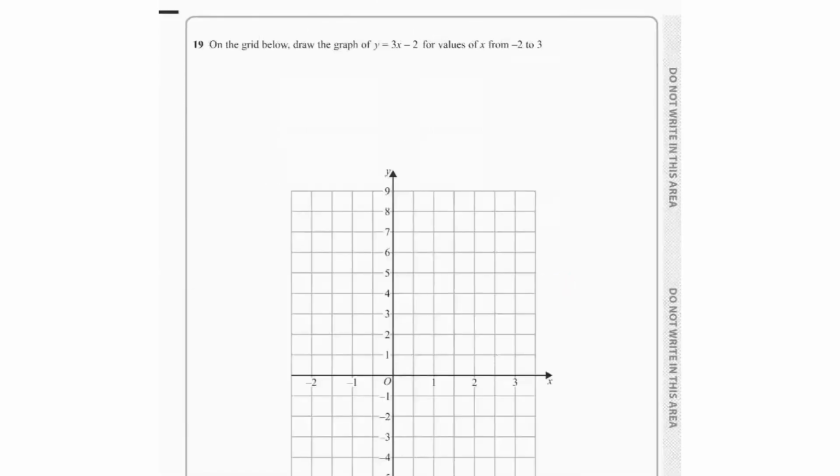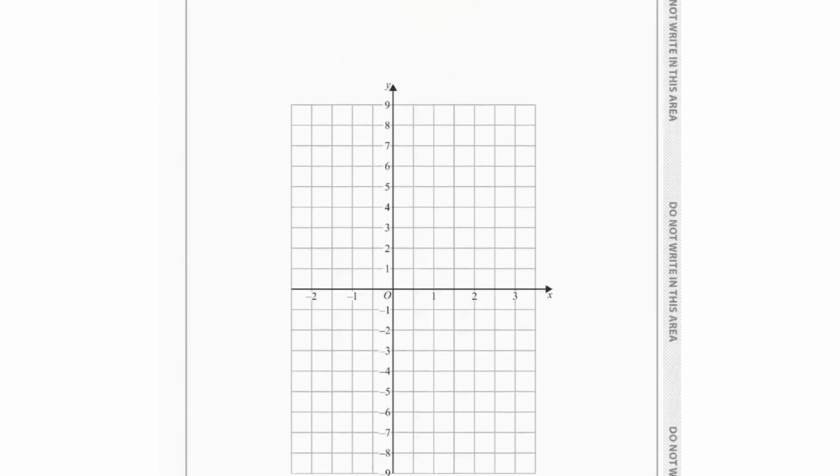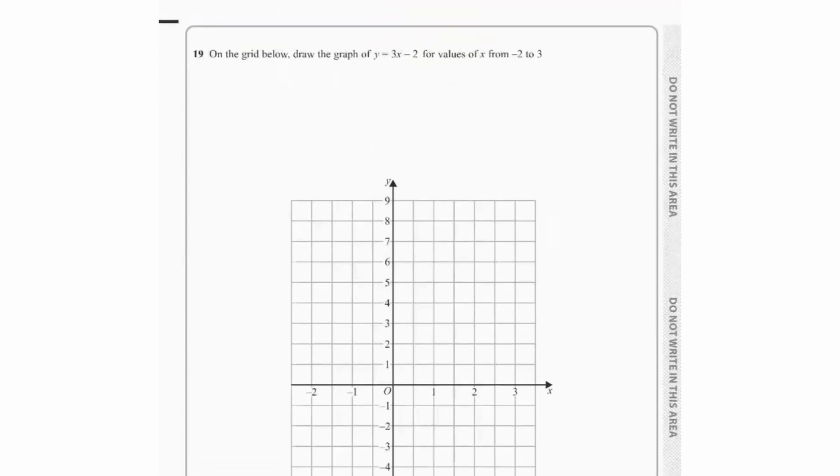Question 19 says, on the grid, draw the graph of y equals 3x minus 2 for values of x from -2 to +3. So for -2 to +3, what we can do is that we can either create a table of values, or we can just find the x-intercept, y-intercept, and then the endpoints. So when you put x equals -2 in this equation, what we get is 3 times -2 minus 2, which is basically -6 minus 2.